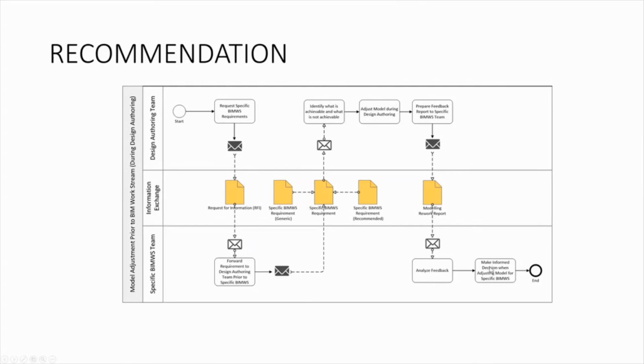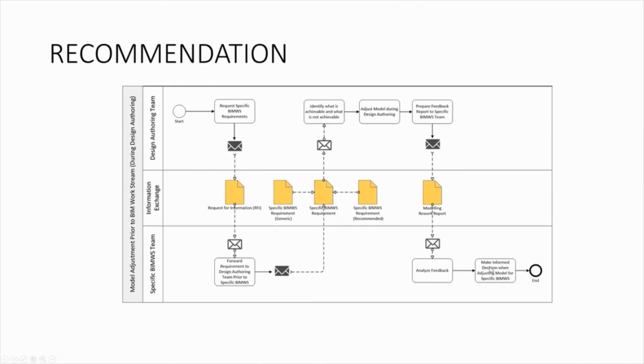So it's sent out, and they forward the requirements to the design authoring team, parallel to the specific BIM use. They will look at it and send it back, identifying what is achievable and what is not achievable.